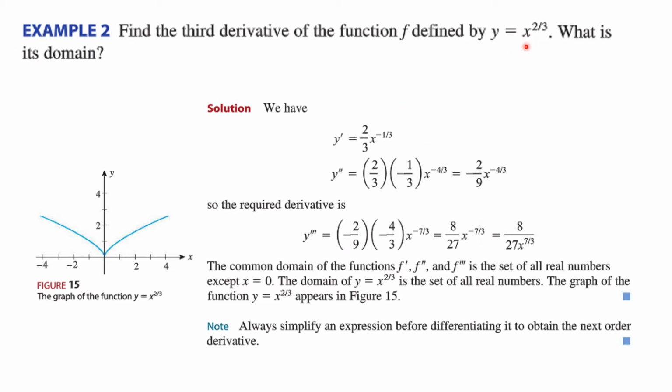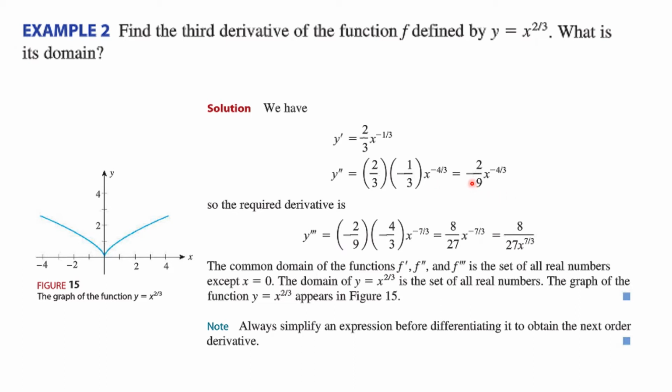So this is just the power rule. y prime is going to be 2/3 x to the, I subtract 1 from the exponent, x to the minus 1/3. Then when I take the second derivative, it is 2/3 times minus 1/3, and then I subtract 1, x to the minus 4/3. When I simplify that, I get this.